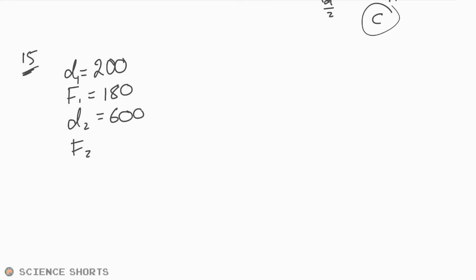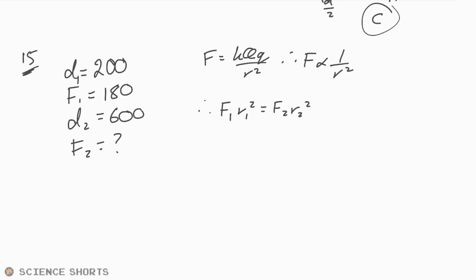We're just looking for the new force of attraction. So force is equal to KQQ over R squared. Therefore force is proportional to 1 over R squared. So F1 R1 squared is equal to F2 R2 squared. Oh, I've mixed up my R's and my D's. Doesn't matter that much. What are we looking for? We're looking for F2. So F2 is going to be equal to F1 times the ratio of R1 squared divided by R2 squared.